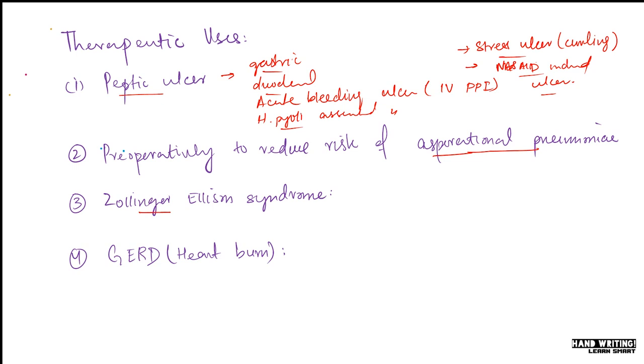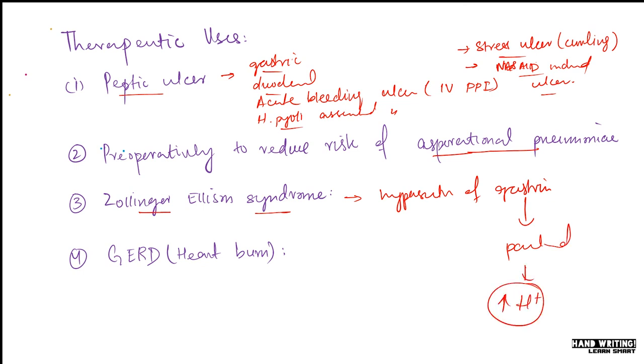They are used in Zollinger-Ellison syndrome, in which there is hypersecretion of gastrin, and this gastrin stimulates the parietal cells to secrete an increased quantity of acid. So giving proton pump inhibitors can decrease the acidity in the stomach. But the most effective treatment for Zollinger-Ellison syndrome is surgery.